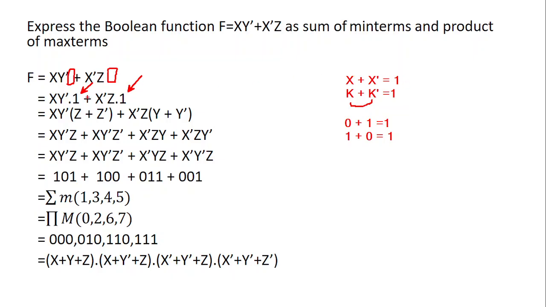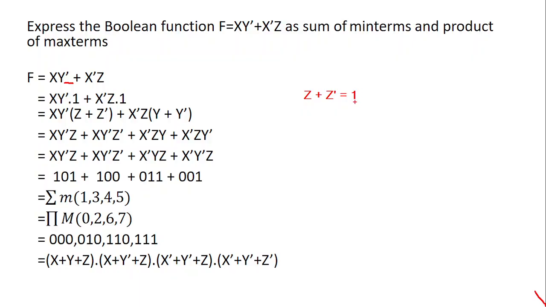Now what is missing here? So let's look at this term. What is missing here is z. So I know that z plus z inversion, any variable added to its inversion, will always give you 1.